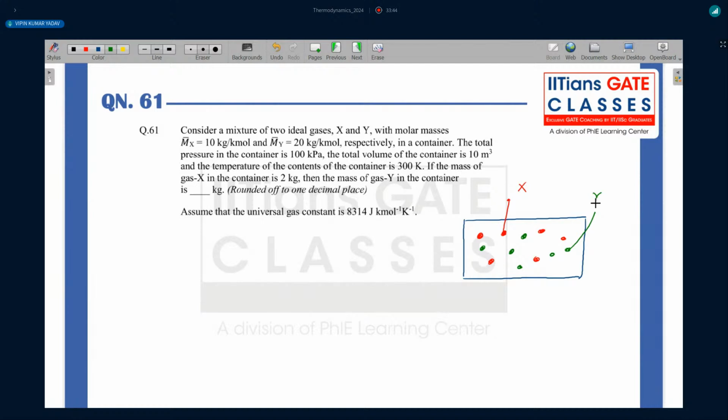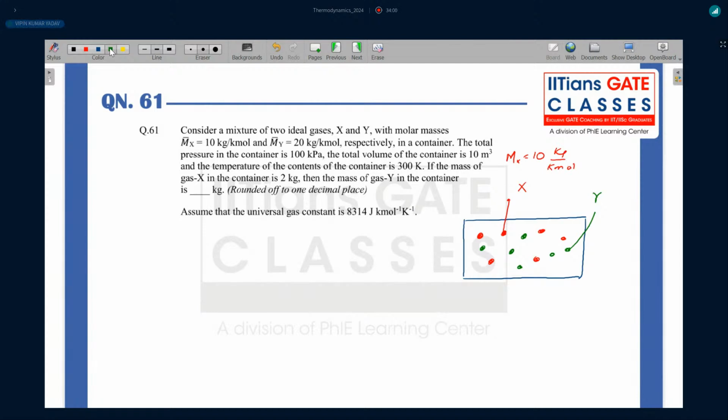Okay. Now it is saying molar mass. Molar mass, that means Mx is equal to 10 kg per kilomole. Okay.